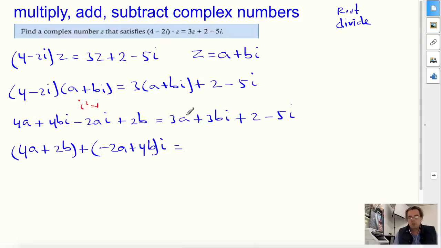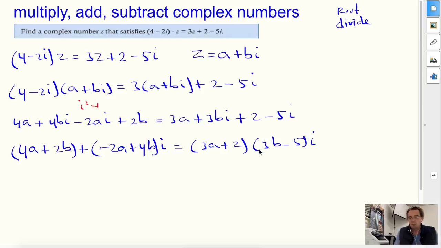On the right hand side I've got my 3a plus 2 as a real part. And the imaginary parts are 3b take 5. And there's no a in that bit. So now I have a complex number with a real part and an imaginary part, and on the right hand side there's another complex number with the real part and the imaginary part.